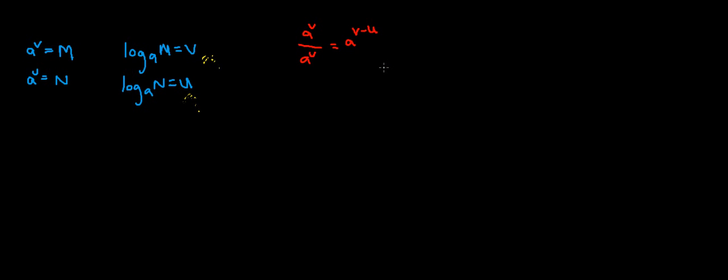So the first thing I want to say to myself is that a to the v and a to the u can be replaced. A to the v is equal to m. A to the u is equal to n. And this is equal to a to the v minus u.